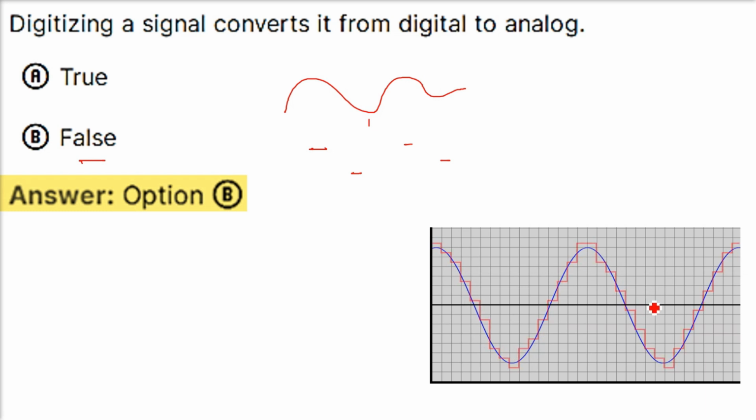You have this blue line corresponding to your analog signal, and the steps you see are the samples being taken, which is why it is discrete. All these values can only take certain values, that is 0 and 1, and that 0 and 1 only comes after sampling and quantization.